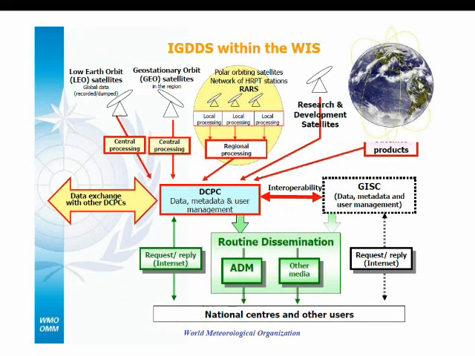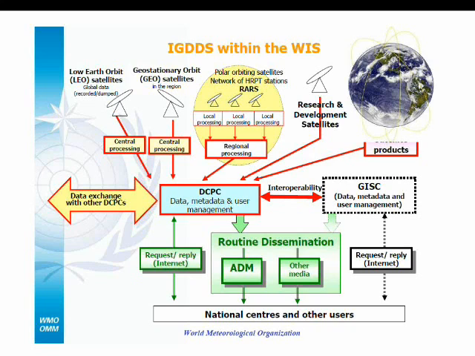Next is the detail of IGDDS. IGDDS project is one of WMO space programs to provide an efficient circulation scheme on space-based observational data and products. The baseline is a collaboration of regional components for inter-regional exchange of satellite data.